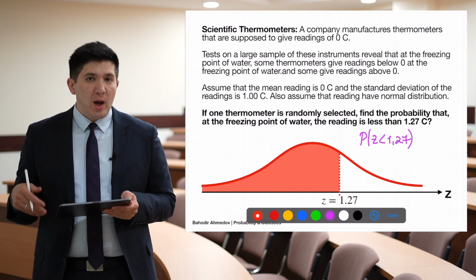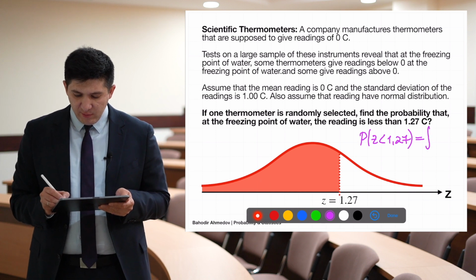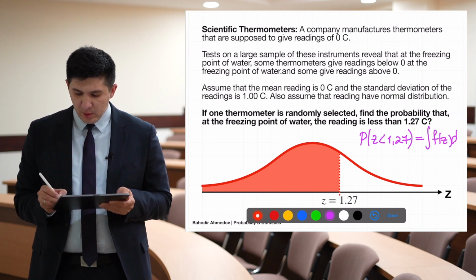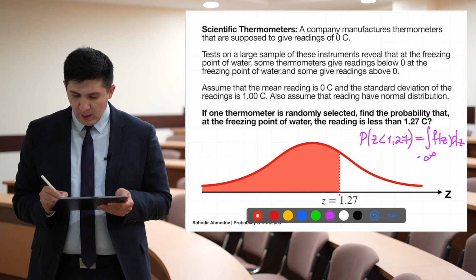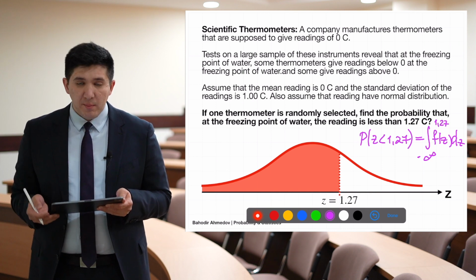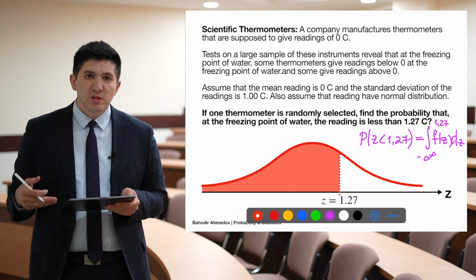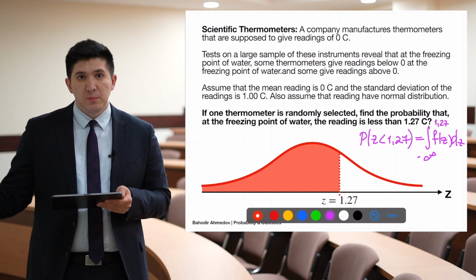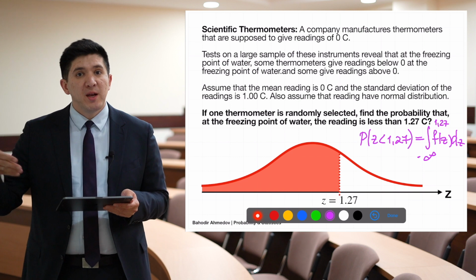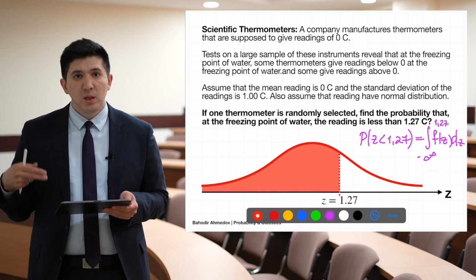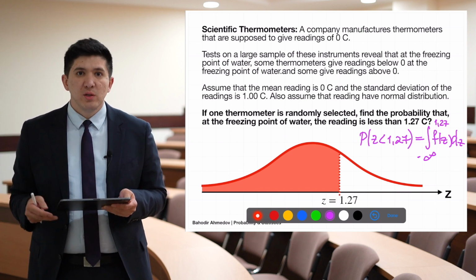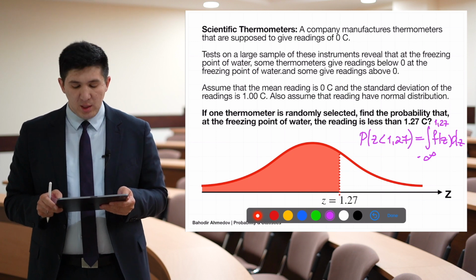So I have to integrate the density function of the standard normal distribution from minus infinity up to 1.27. But fortunately for us, people have integrated this function numerically with computers for many values of z, including 1.27, and what we have to do is look this up in the table.